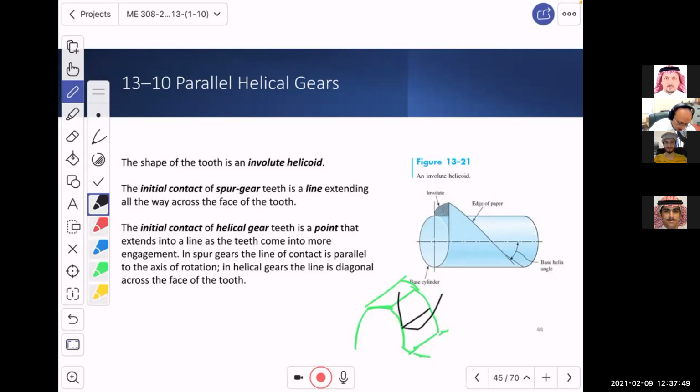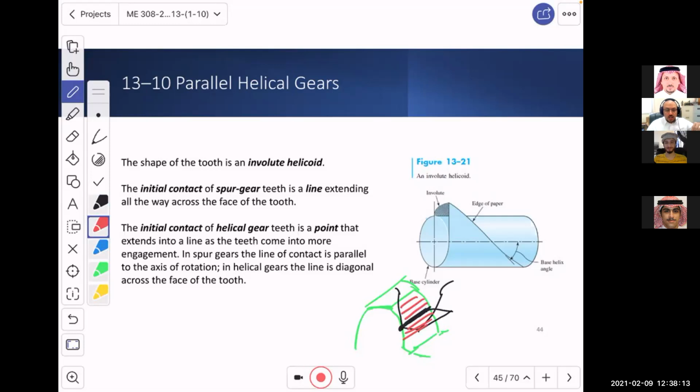You understand? And what happens is, we look at this point of contact, but in reality, behind it, there is a whole line in contact. And this line goes up or down, depending whether the engagement now is to go down or up. That's another thing. Okay?